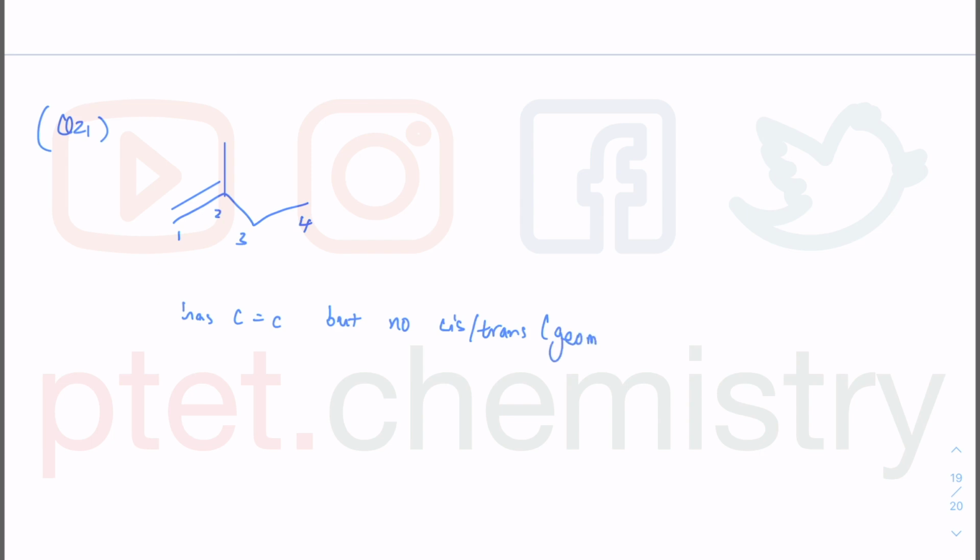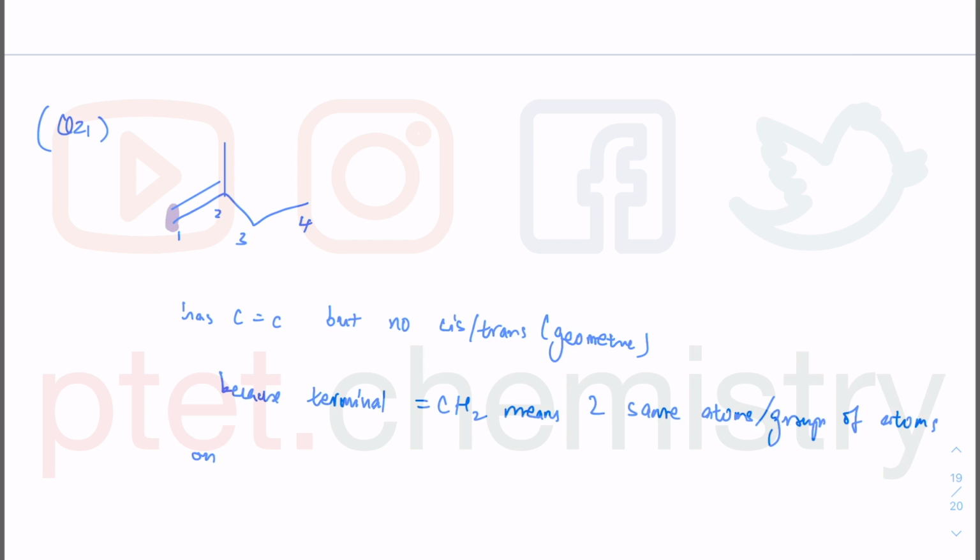And the reason for it is because you have 2 groups, there's CH2 there. So because of the terminal CH2, you got a hydrogen and hydrogen, meaning 2 same atoms or 2 same groups of atoms on the same carbon of the carbon-carbon double bond.